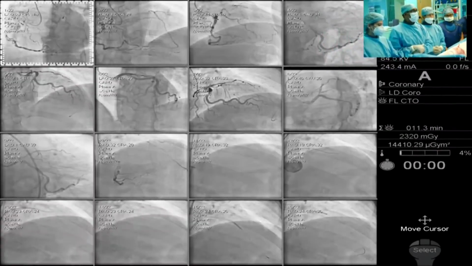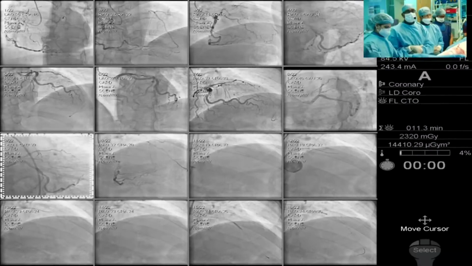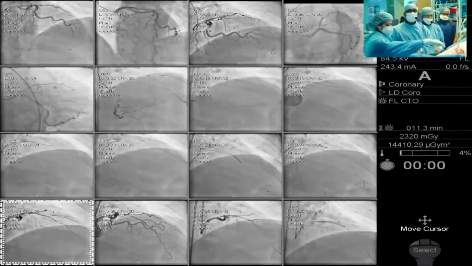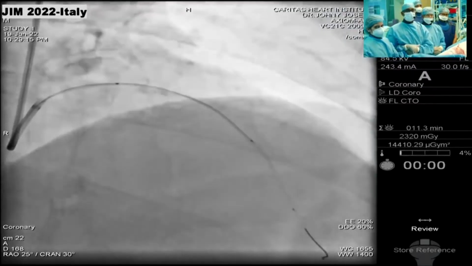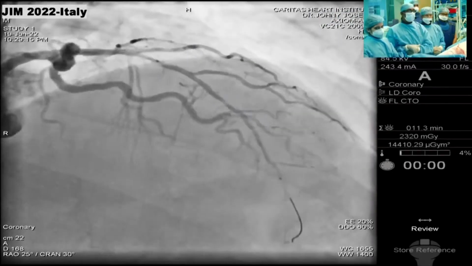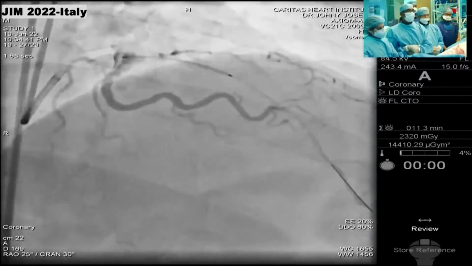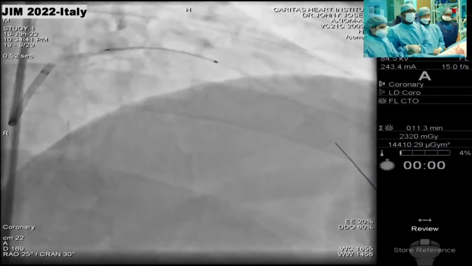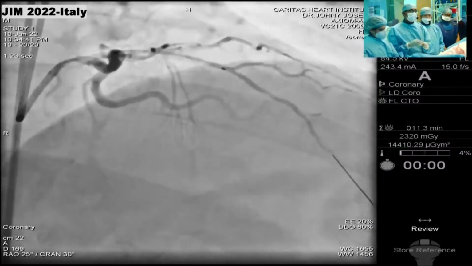If you apply the 3-5 rules here, you don't have any indication for lithotripsy or rotablator or anything of that sort. And I agree with the decision of avoiding this very diffuse distal disease, which in part is also due to under-dilatation of the distal lumen, because being under-pressurized for years and filled only by collaterals, it will take time to regain its normal size.